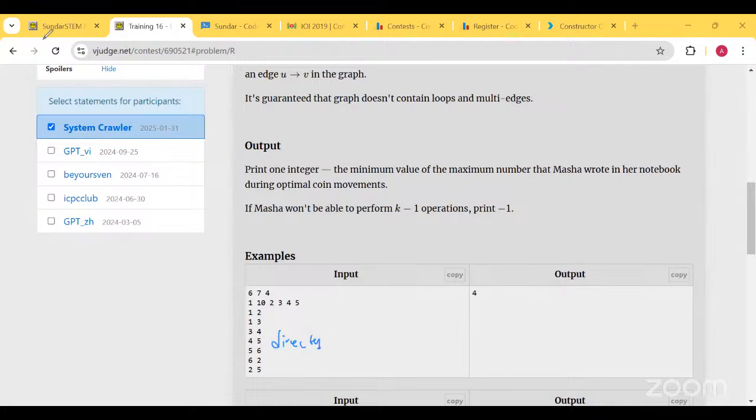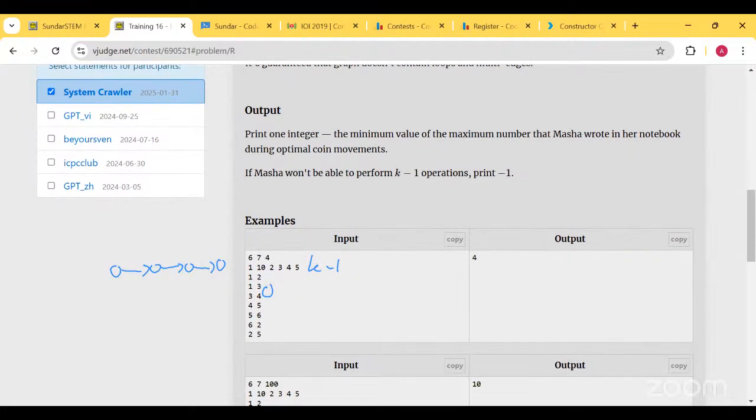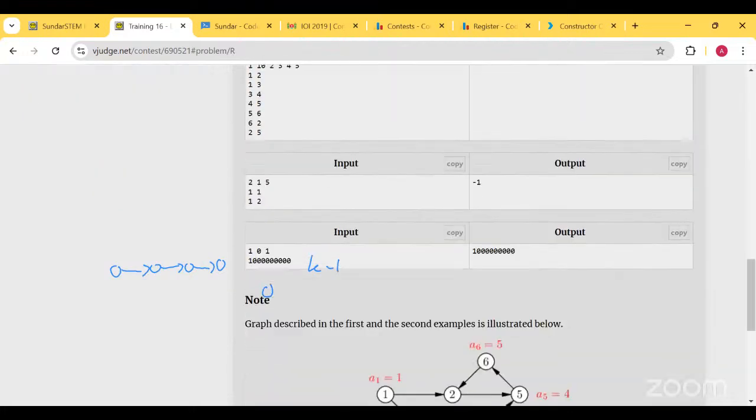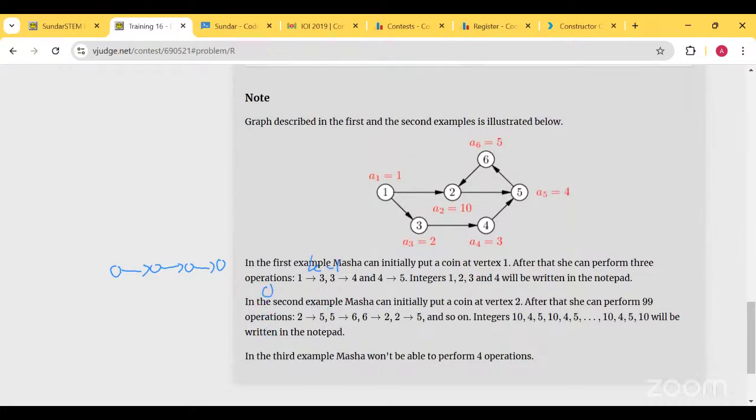And then we want to perform k minus 1 moves. It means we will visit k nodes, and we want to maximize the value in the path. All right, so this is one of the examples.